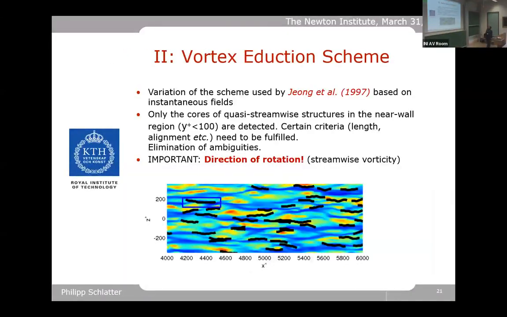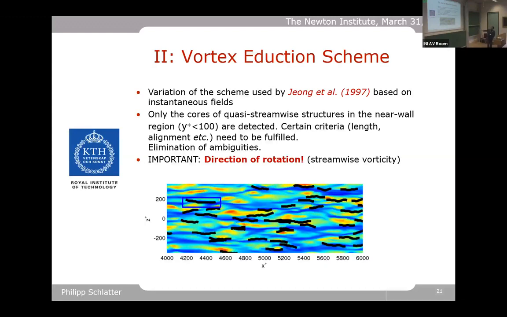So the next thing was that we tried to do a little bit more statistical work on that, and we went back to a paper by Jeong and others, and Fazle Hussain, who did a similar analysis in channel flow in the late 90s. So the idea is to identify hairpin vortices not starting from the head, but starting from the legs.